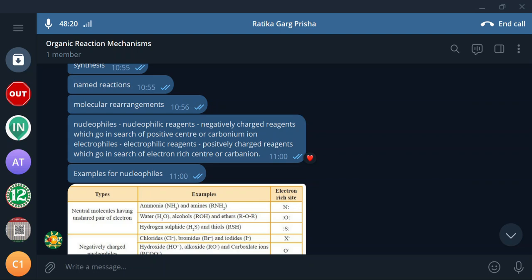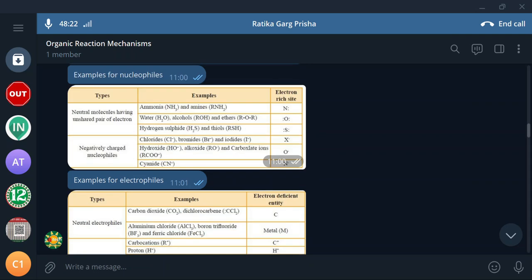C plus. And we have different types of nucleophiles also. I have listed them here. Nucleo means positive, that is, positive-searching reagents should have electrons, is it not? So in this case, we have two types of nucleophile.